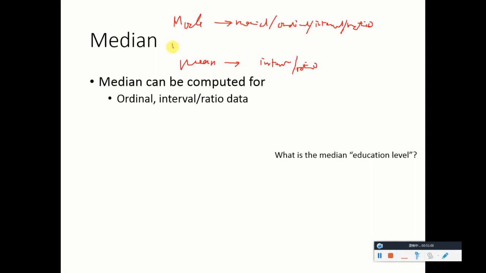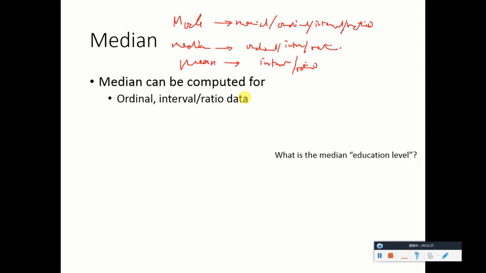So median can be used to describe ordinal, interval, and ratio. So mode can be used to describe all 4 types of data, median only 3 types, and mean only 2 types.